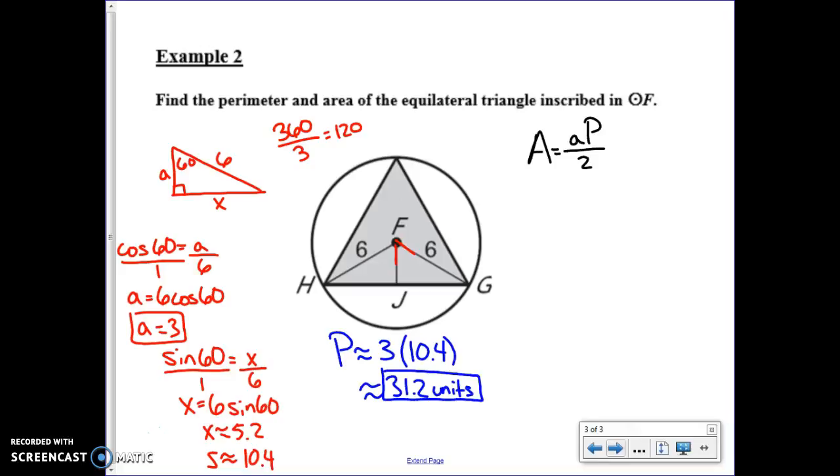Okay, we have the apothem, we have the perimeter. I'm plugging those in. So apothem was 3, perimeter was 31.2, divide it by 2. And when I put that in the calculator, I get 46.8 units squared.